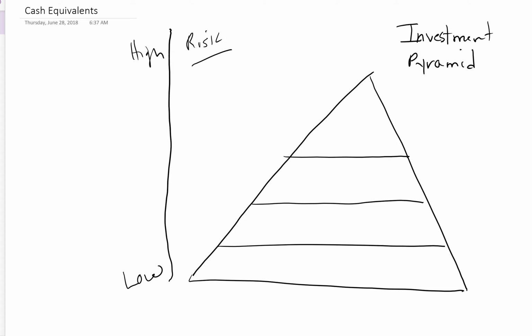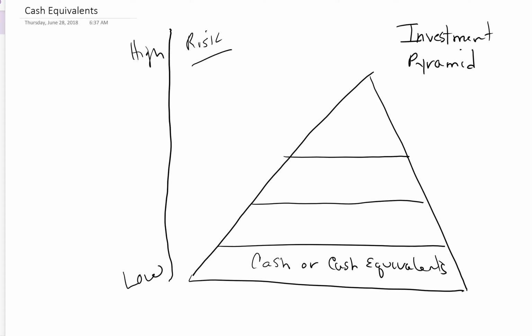So if we think about all the different types of investments, at the very lowest level down here on the bottom foundation of the pyramid, we have cash. Cash or what I'll call cash equivalents. Okay? And that's our topic really for this week.